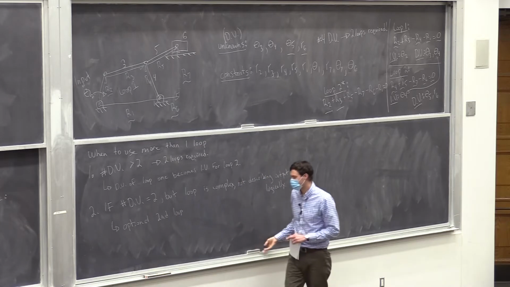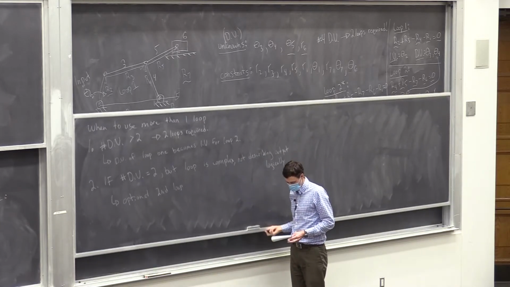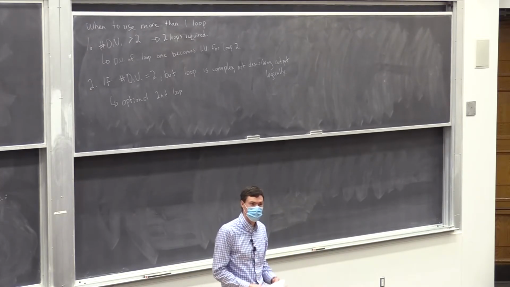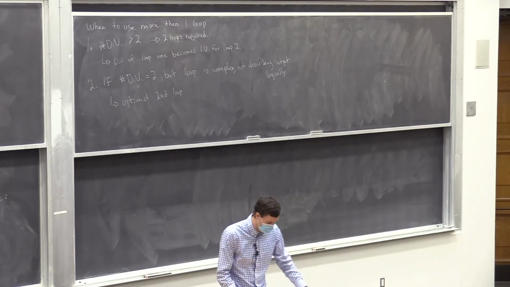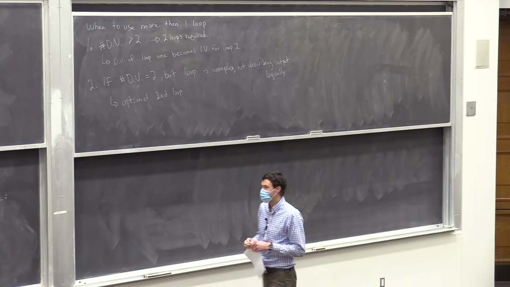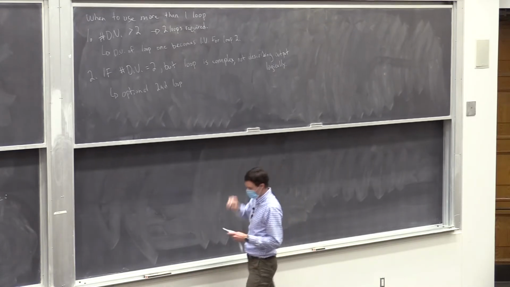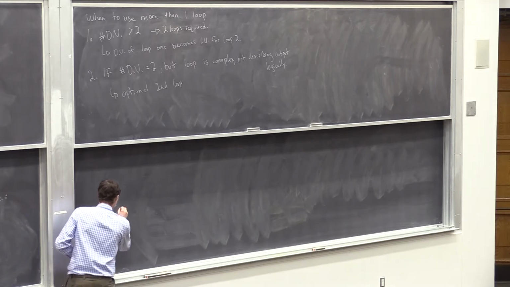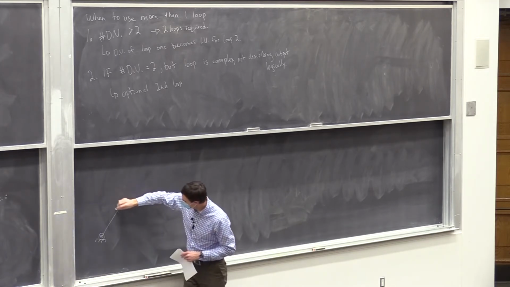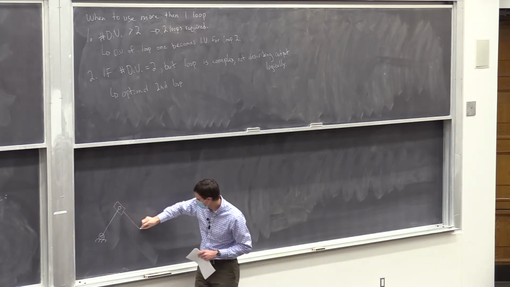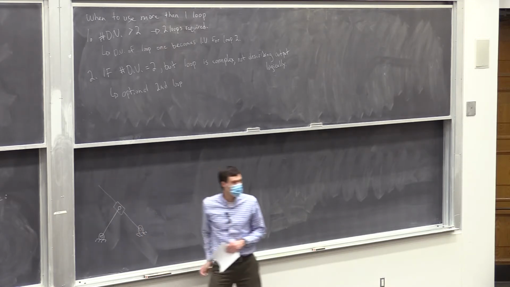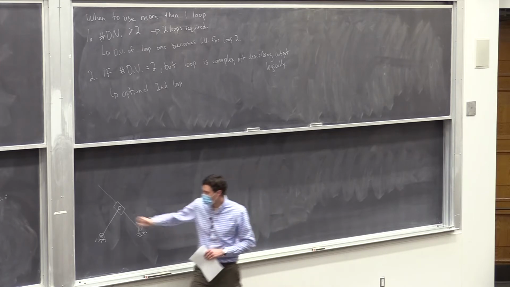So let's look at a case. We're going to look at a real mechanism, the same mechanism as we studied last time, which was our inverted slider crank. But I'm going to add an additional point to it. So here's the slider crank that we studied in lecture.